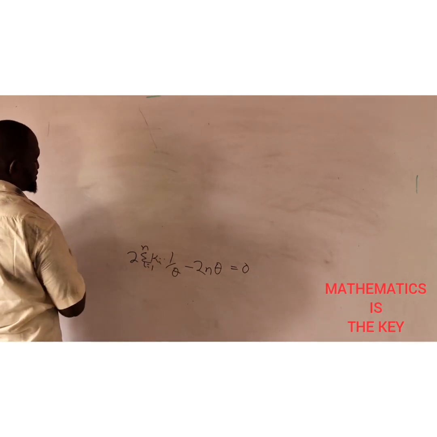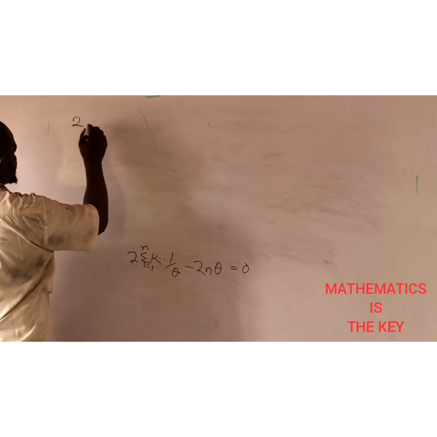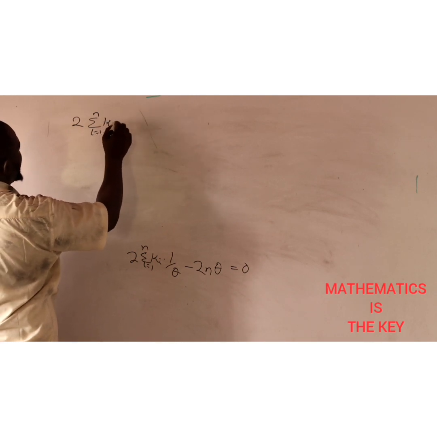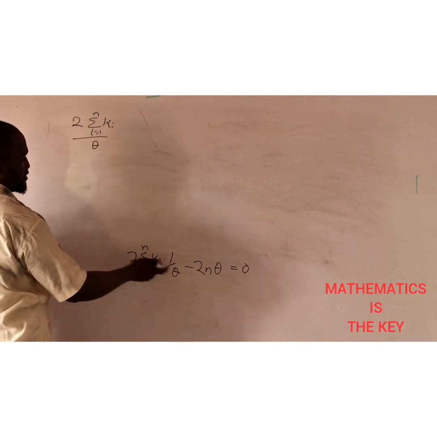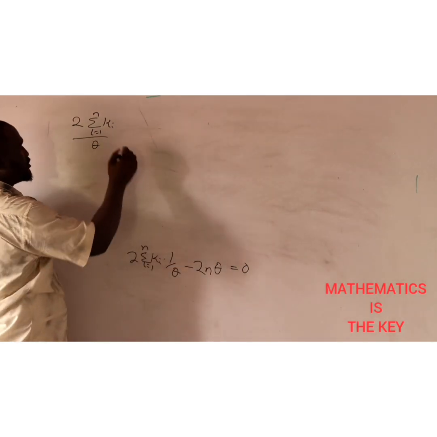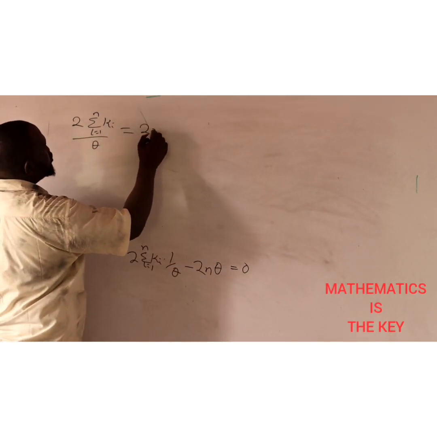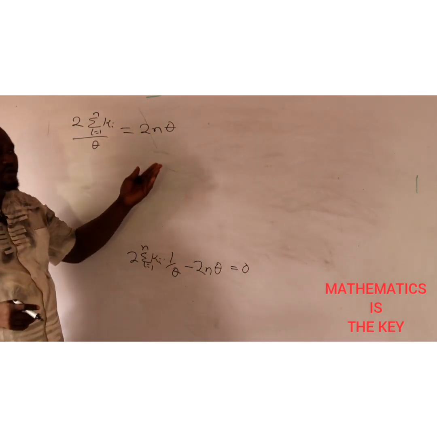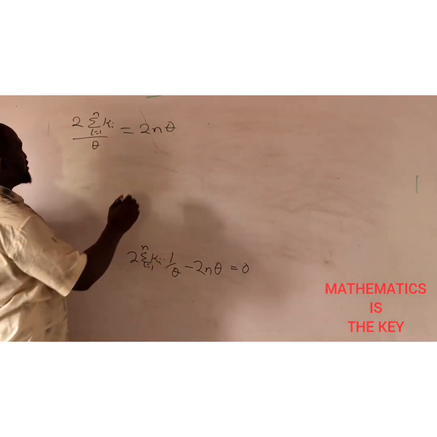To simplify this, we have 2 summation to n of i equals 1 of ki all over theta. Taking this to the other side of the equation, we have 2n theta. So we can simplify this by cross multiplication.